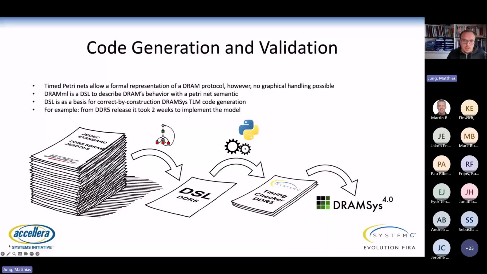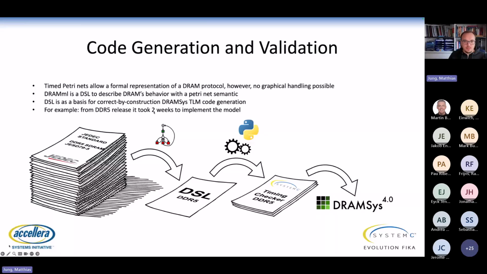And in Python, we also have a generator that generates the SystemC code that makes sure that we fulfill all these timings, so-called timing checkers. And for that, we use the templating engine Jinja to generate the SystemC code. And this SystemC code then we include into the DRAMSys simulator.